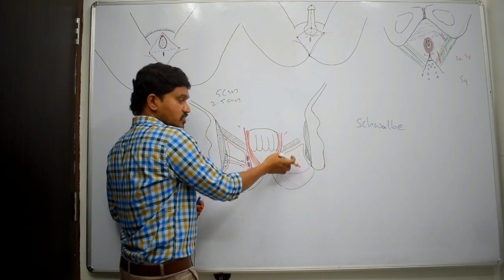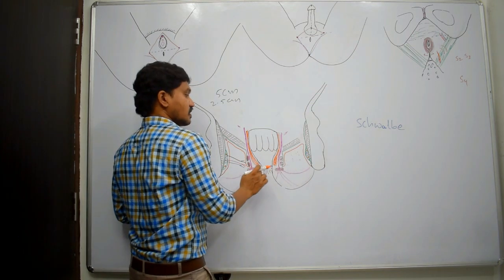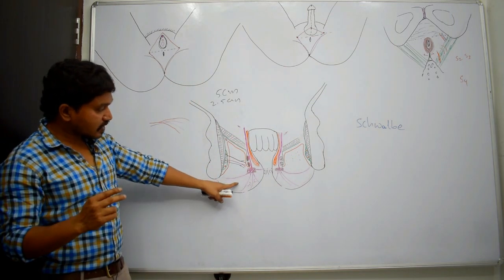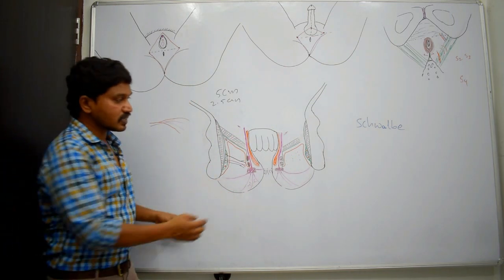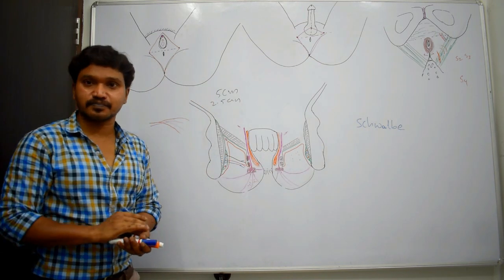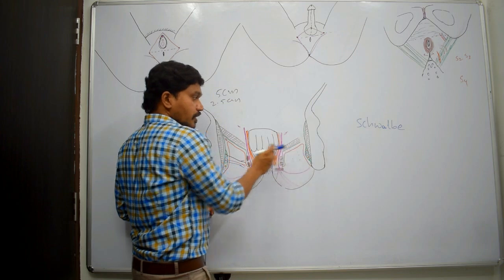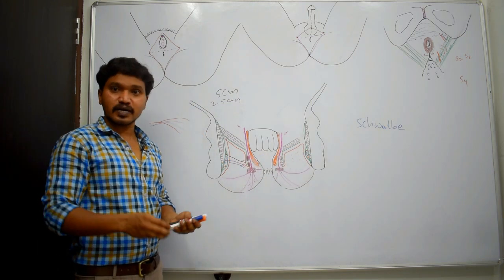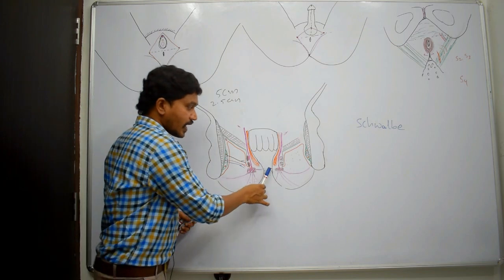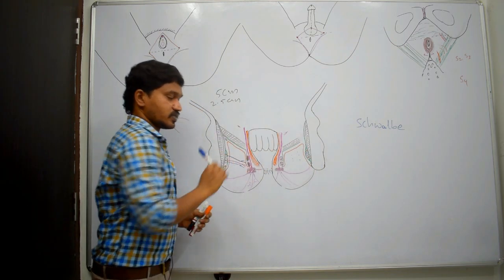But if there is accumulation of pus or abscess in the ischiorectal space, the patient feels less pain than in a perianal abscess, because the fat in this space is not tightly packed, right? The patient feels less pain only, but there will be tenderness and fullness between the anus and ischial tuberosity.